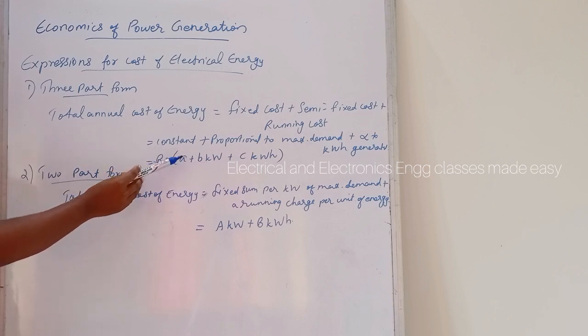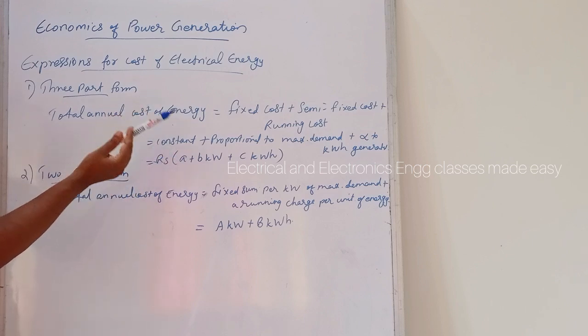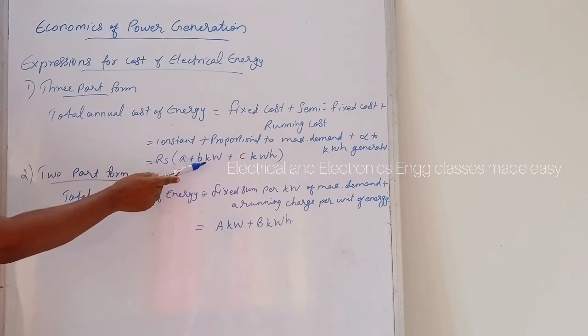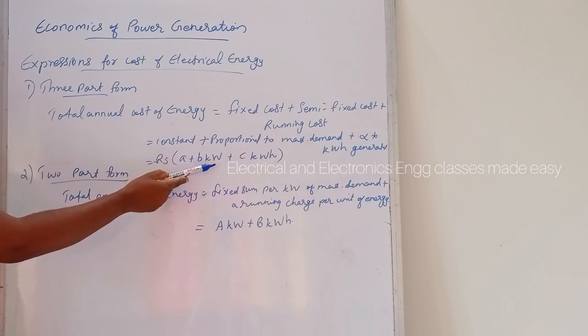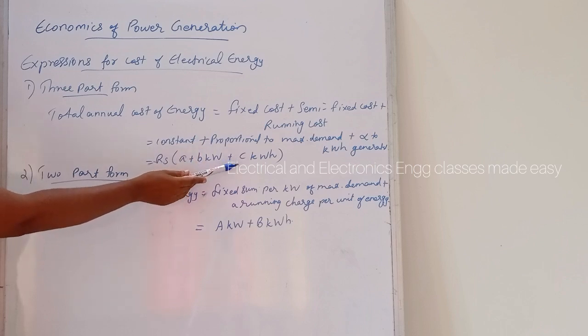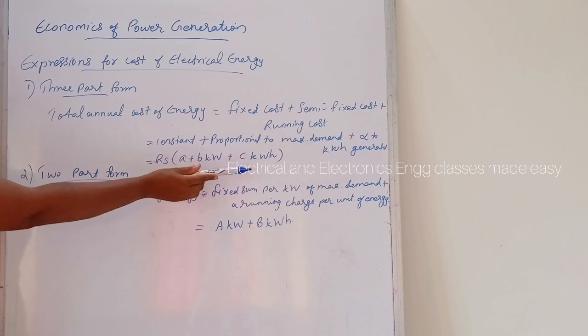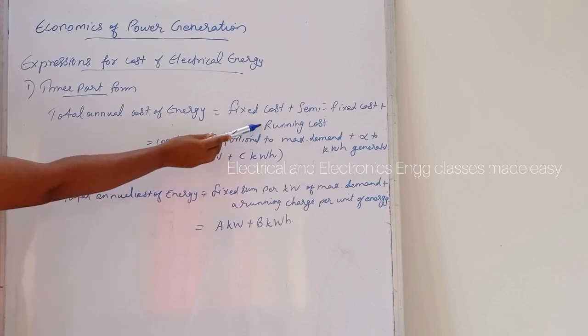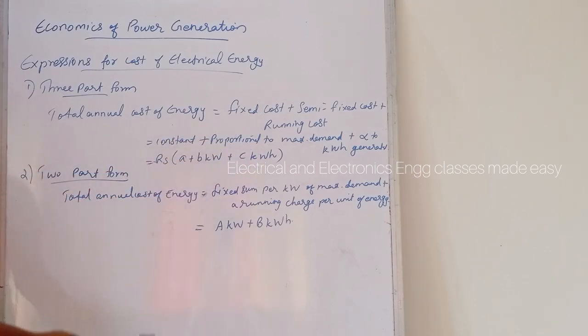the annual fixed cost independent of the maximum demand and energy output. B is the constant which when multiplied by maximum kilowatt demand on the station gives the annual semi-fixed cost, and C is the constant which when multiplied by kWh output per annum gives the annual running cost.